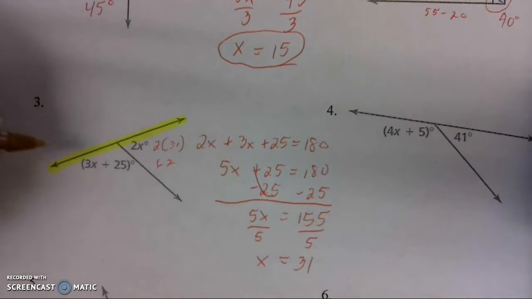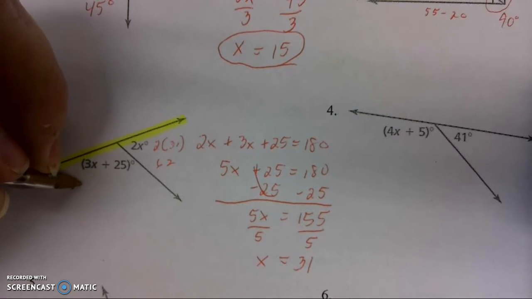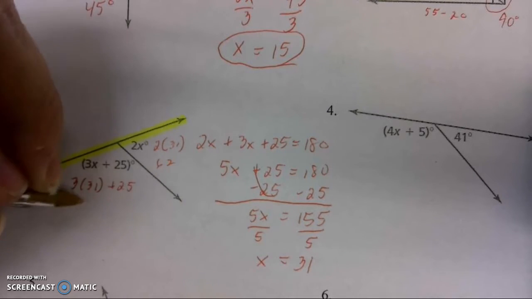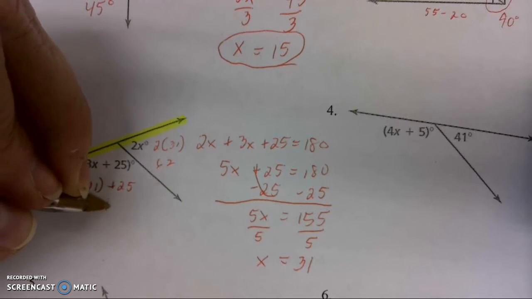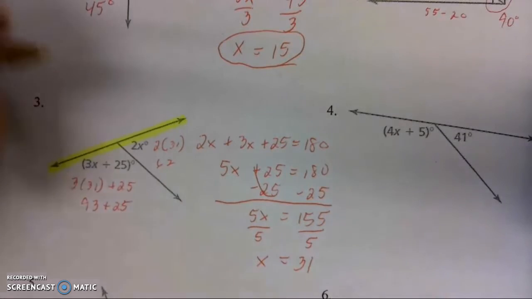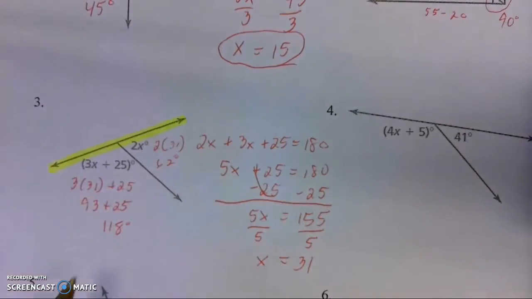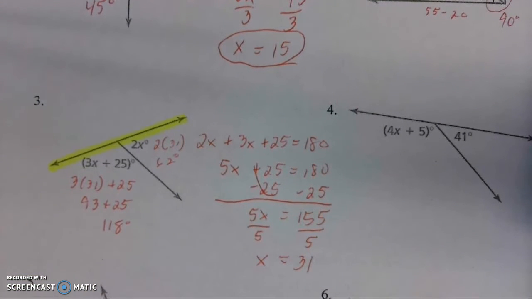And on my second one, I'm going to do 3 times 31 plus 25. 93 plus 25 is going to give me 118. 118 plus 62 equals 180 degrees, using algebra to solve geometry.